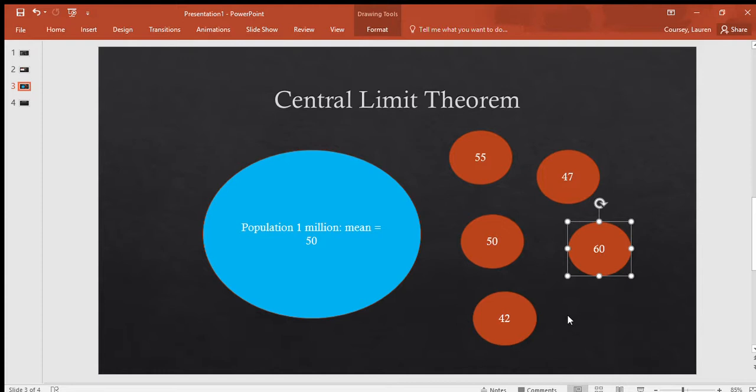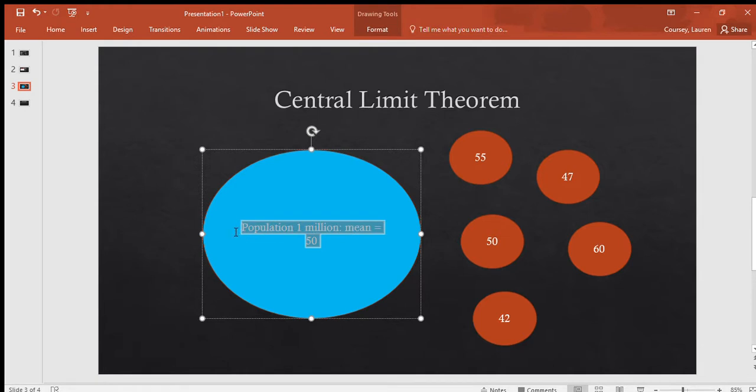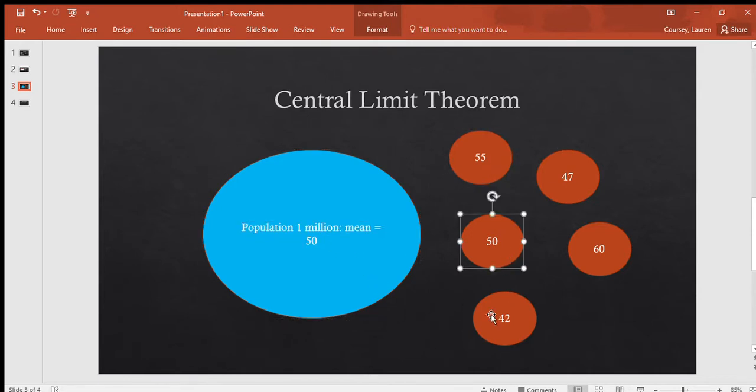So the idea of the central limit theorem here is that, if we don't know the population parameters, the best estimate would be the average of a very large number, or an infinite number, of random samples drawn from that population.